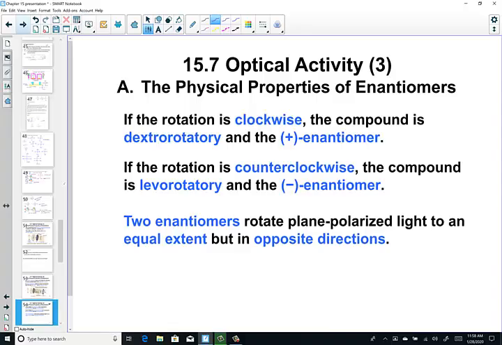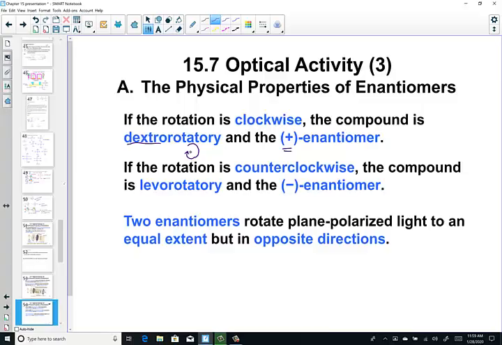If the rotation of the light is clockwise, the compound is dextrorotatory. Dextrorotatory, and it's said to be the positive enantiomer. Dextrorotatory is the clockwise spin of an optically active chiral compound.